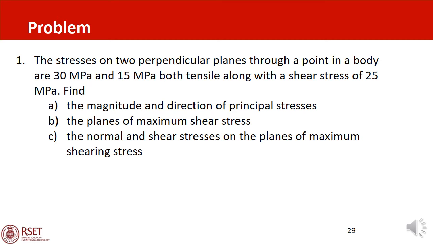We are asked to find out the magnitudes of principal stresses, namely sigma 1 and sigma 2, and also their directions, that is theta p1 and theta p2. Then we have to also find out the planes of the maximum shearing stress, that is the value of theta s and the value of tau max, as well as sigma average, the normal stress acting on the plane of maximum shearing stress.